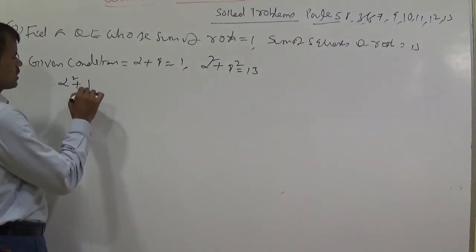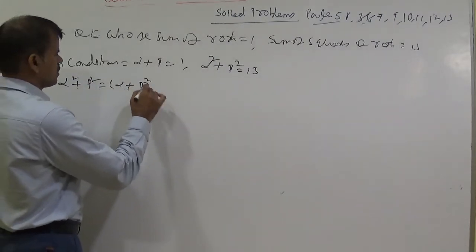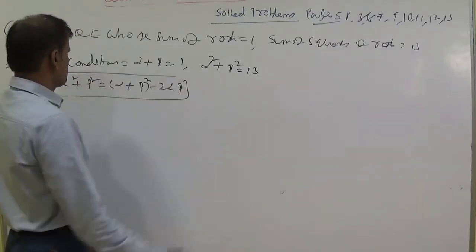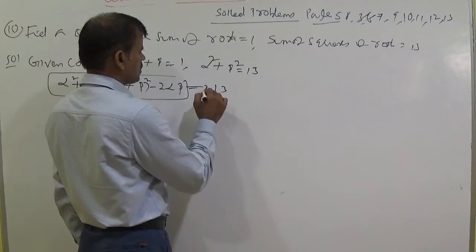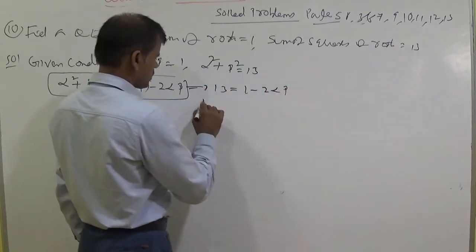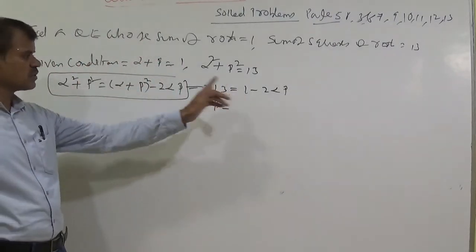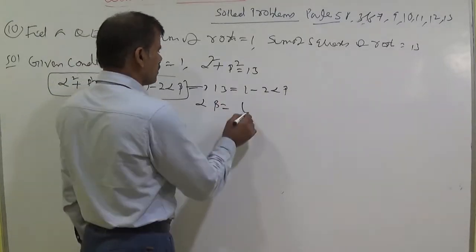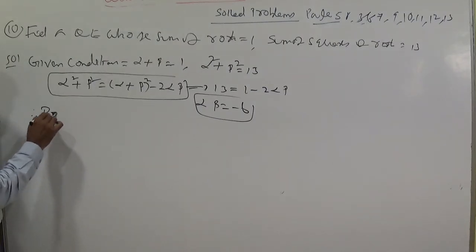Using the formula alpha square plus beta square is equal to (alpha plus beta) whole square minus 2 alpha beta, you can write 13 is equal to 1 minus 2 into alpha beta. So 2 alpha beta is equal to minus 12 and alpha beta is equal to minus 6. Therefore, you can write the required QE.